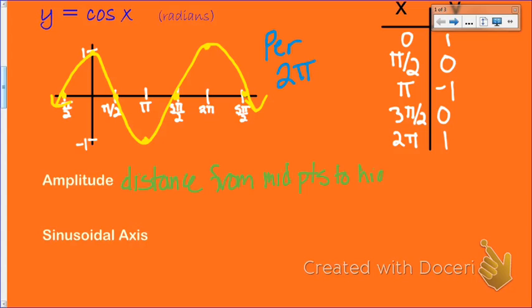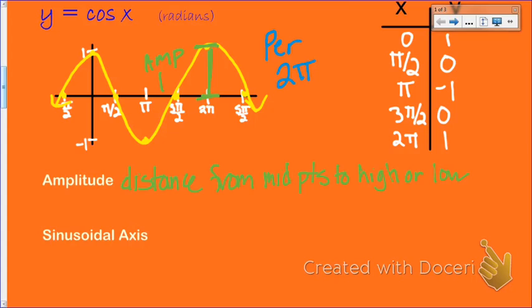It could be to the high or low because it's in the middle, so it could be either one. If I look at my top and my middle, that distance in between is the amplitude, and the amplitude of my parent function is 1.